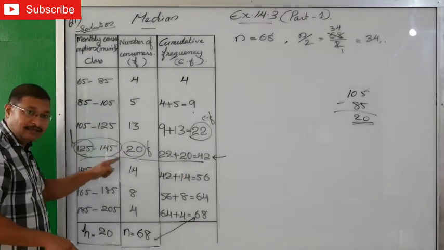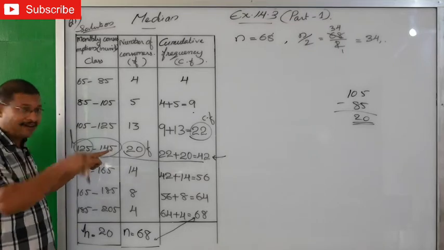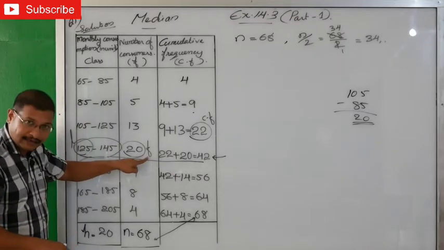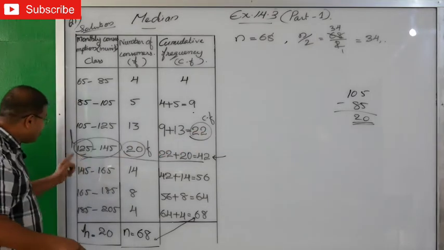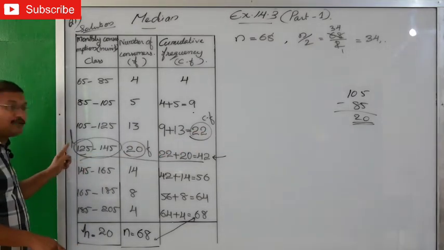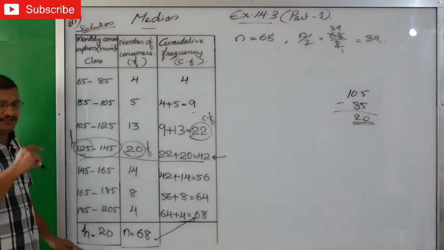So this will be the median class. Corresponding to this will be the F, and its preceding, its upside will be the CF, and from this class, the lower limit will be L, and we also got H. Ready?